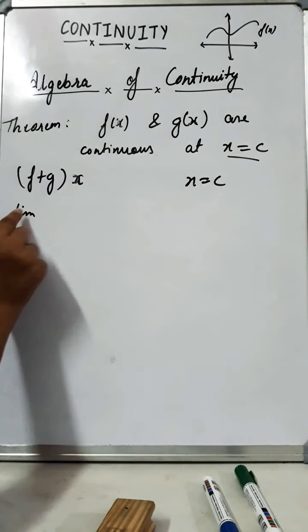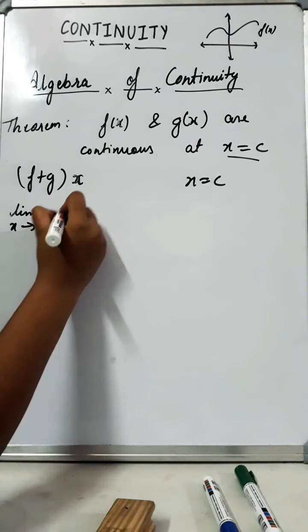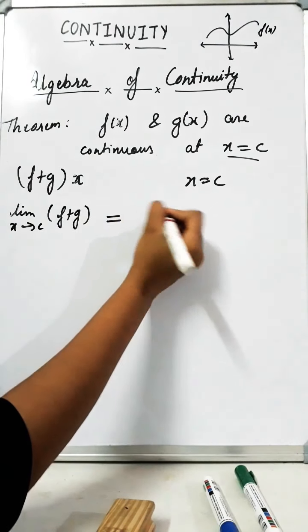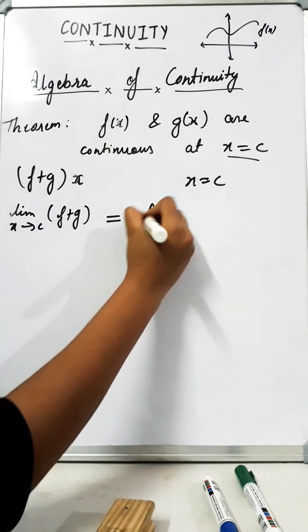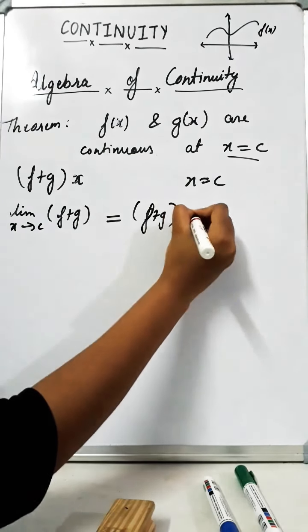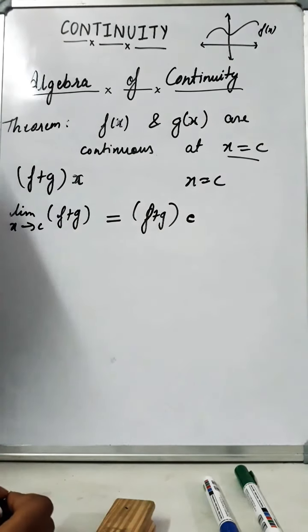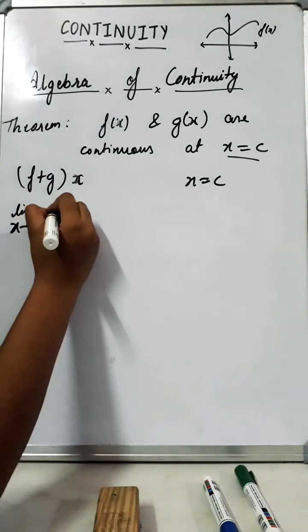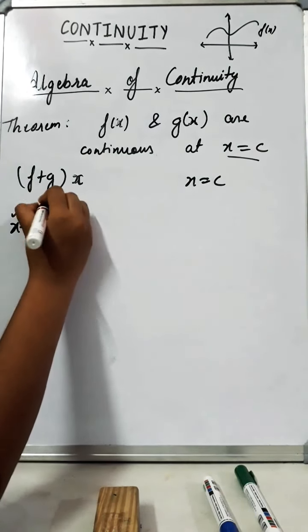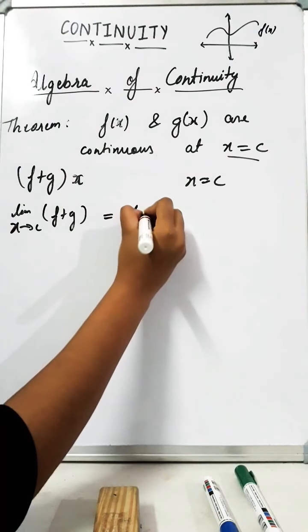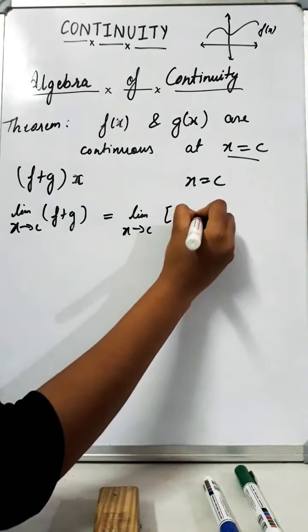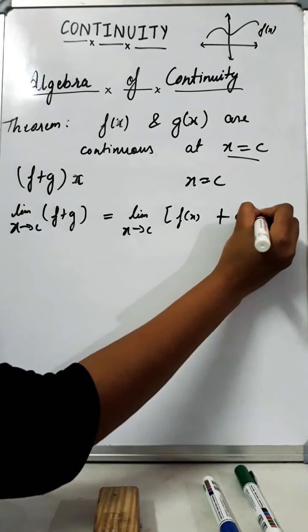That means, as x tends to c, the limit of f plus g must be equal to the value of the function f plus g defined at c. So limit x tends to c, f plus g is what? Limit x tends to c, f of x plus g of x.